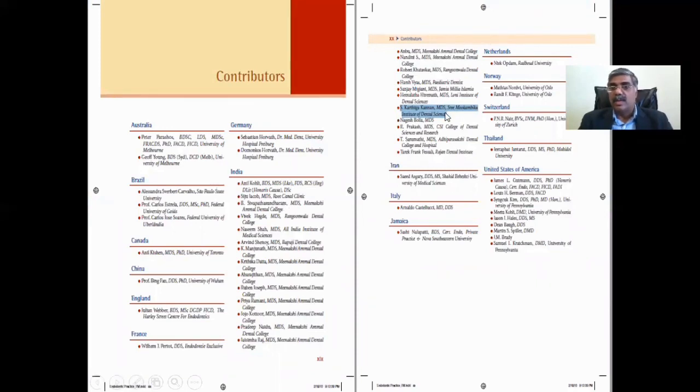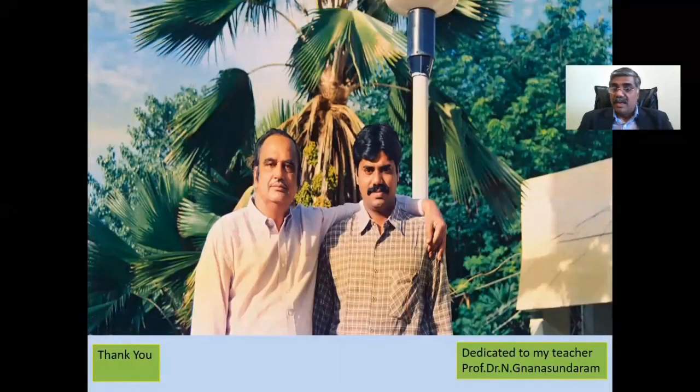Thanks to Dr. Gopi Krishna for giving this opportunity. I have contributed to the first diagnostic chapter in this edition, and whatever I have learned, I have to thank my mentor, my teacher, Professor N. Gnanasundaram, who has given me good appreciation and encouragement to learn oral medicine and radiology with a lot of interest.